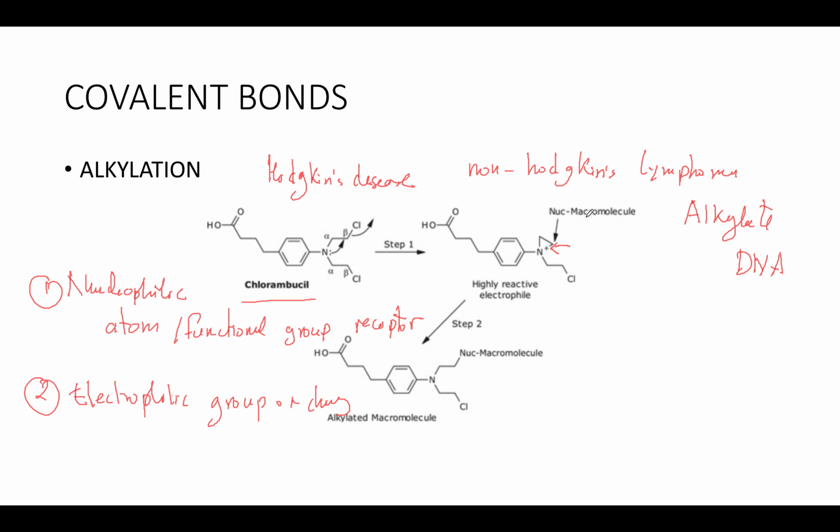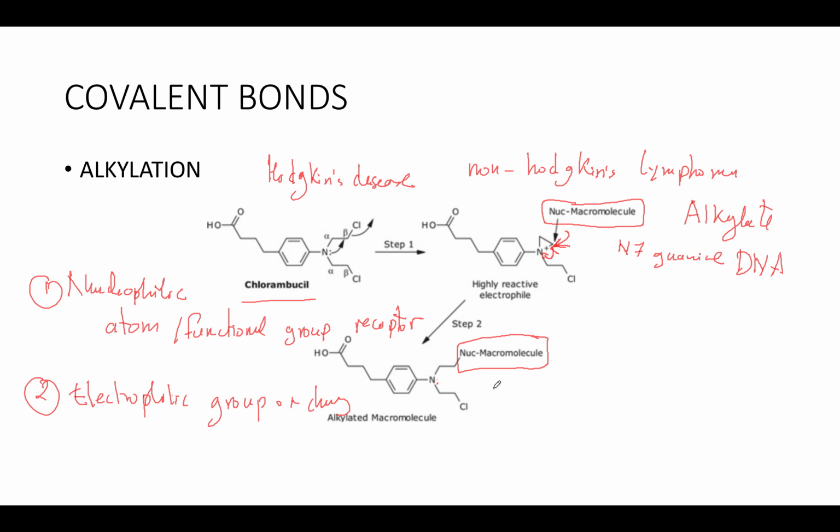And then a nucleophilic macromolecule, such as the N7 of guanine, can actually attack at this position, causing the electrons to fall back on the nitrogen and leading to the formation of a covalent bond between that DNA and the chlorambucil.